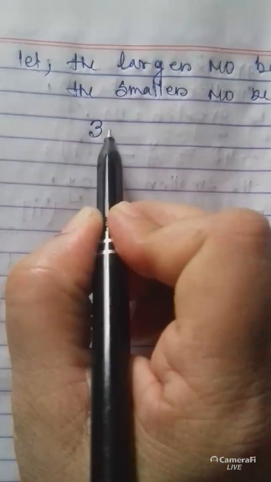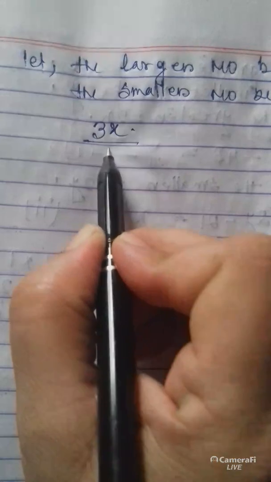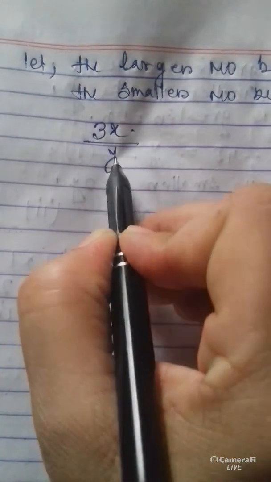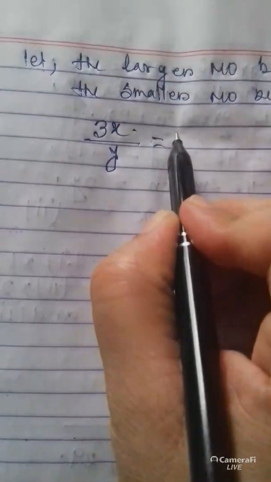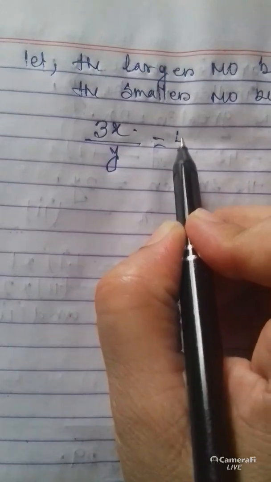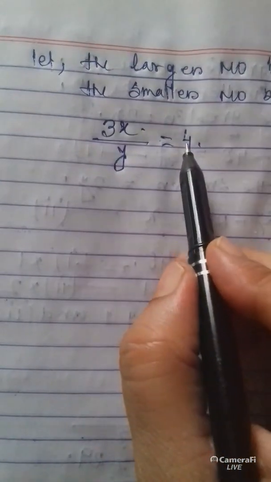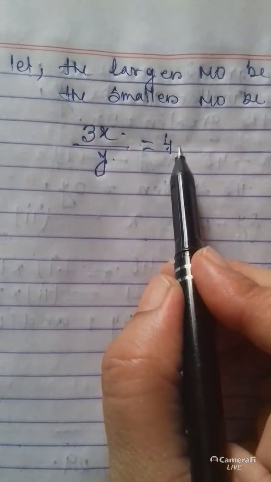Three times the larger number means 3x, divided by the smaller number means y. We get 4 as a quotient and 8 as a remainder.